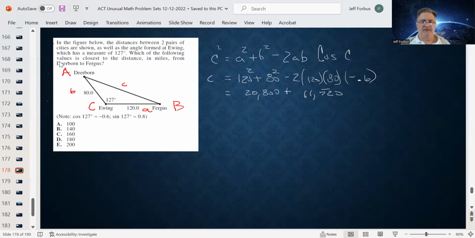Now remember, this is still all equal to c squared. So 20,800 and 11,520 gives you 32,320.